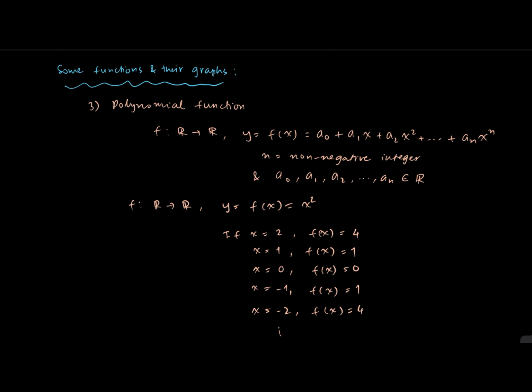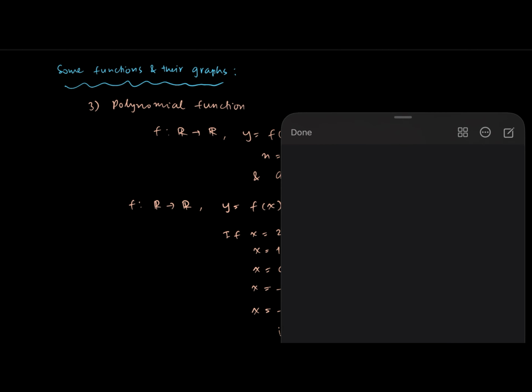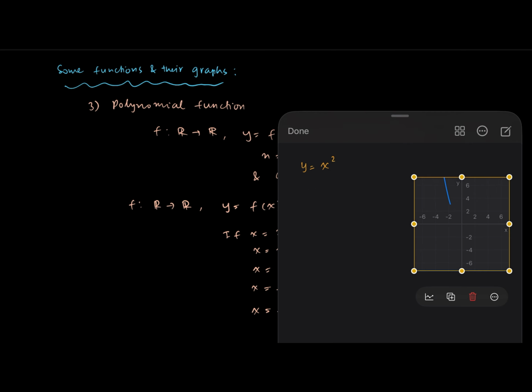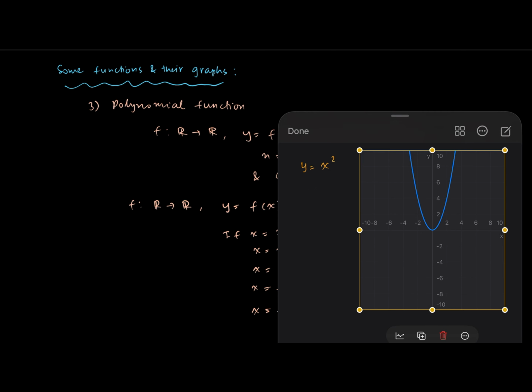Let's represent this very function with the help of a graph. So here we are having y is equal to x squared. So this will be our graph. So here again, take for example, for value of x equal to 2, we are having value of y equal to 4. And for value of x equal to negative 2, we are having value of y again equal to 4.